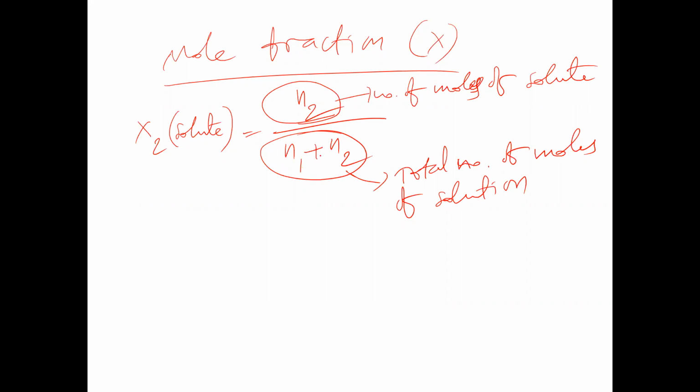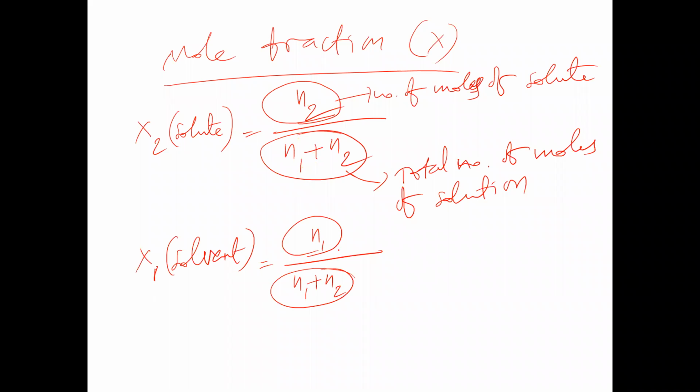So this ratio is called mole fraction of solute. If you write x1, mole fraction of solvent, how to write it? X1 is equal to N1, the number of moles of solvent, by N1 plus N2. It is the solution, so number of moles of solvent by total number of moles of solution. This ratio is called mole fraction of solvent.